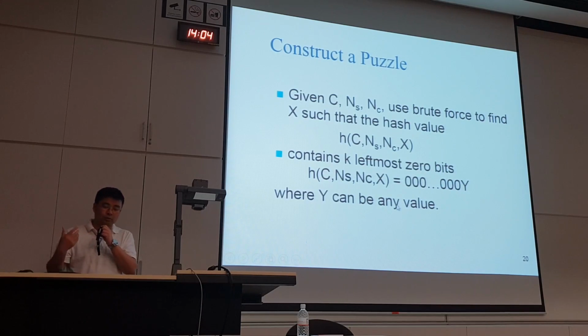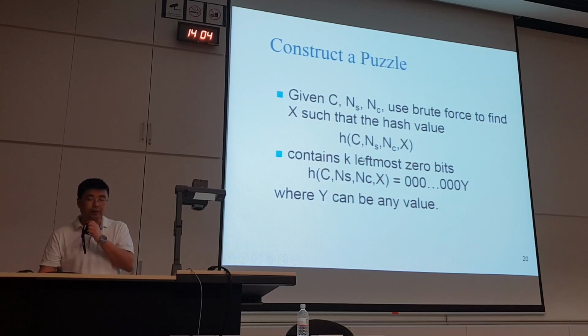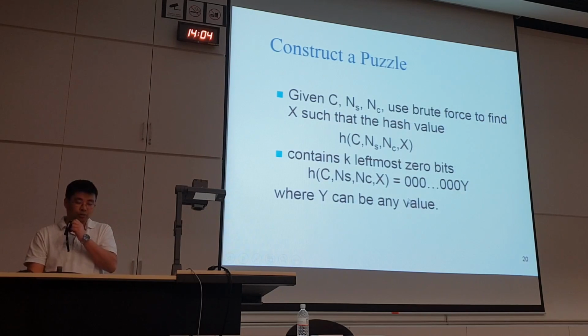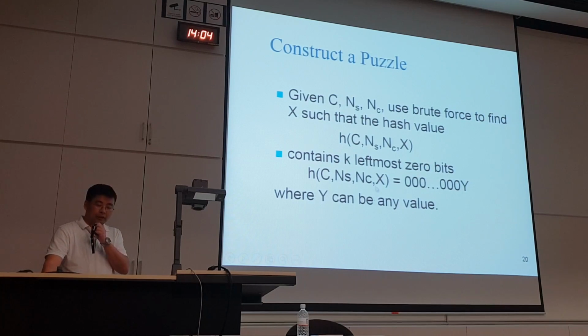Say if you want k equal to 1, that means we want a hash value whose first bit is 0. If you give a random X, the chance that the first bit is 0 is only 1 over 2. That means on average you need to try 2 different X in order to get a 0 bit. So if you have k bits, the expected number of X you need to try will be 2 to the power of k.